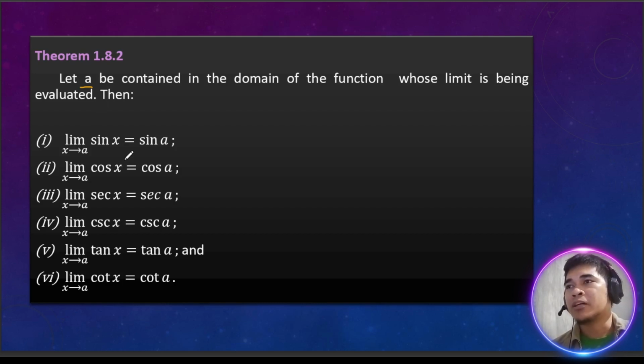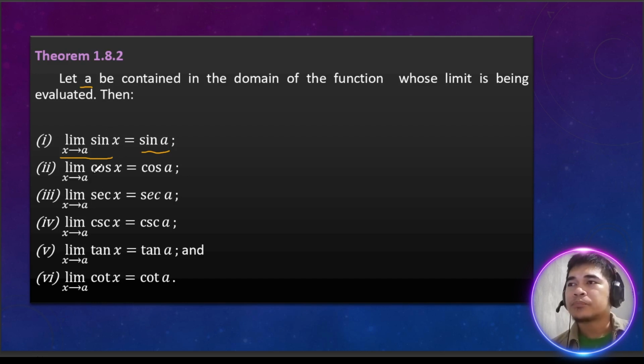First, limit of sine x as x approaches A equals sine A. So the result of the limit of sine x is the value of A. We simply substitute A for x. Whatever x approaches, that will be our value for sine. But take note, this is only for x. If you have y, then it is y.